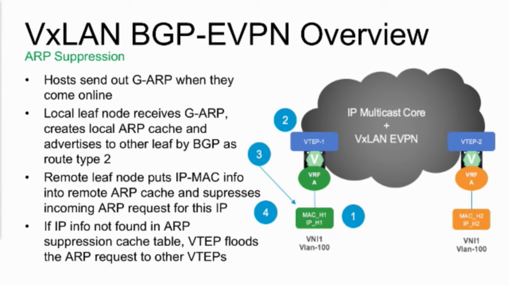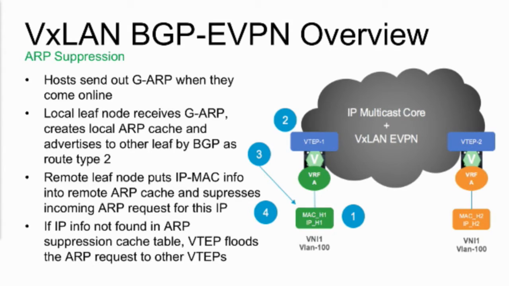ARP suppression. You want to get rid of unnecessary or unwanted flooding in the network, and ARP suppression does that. When a host comes up, it sends a gratuitous ARP request. At that point, the VTEP updates the remote endpoint, and at the same time it also updates the ARP suppression cache.